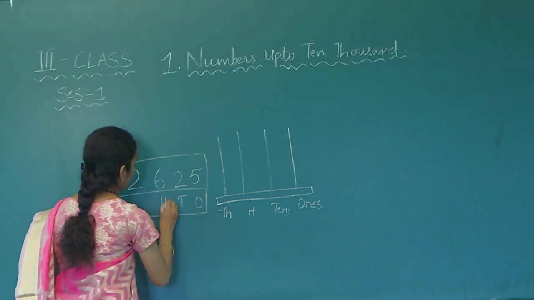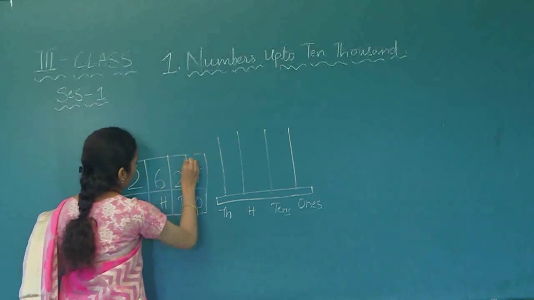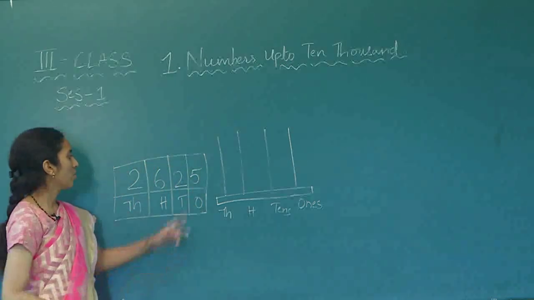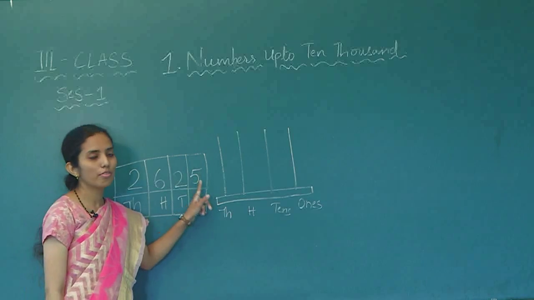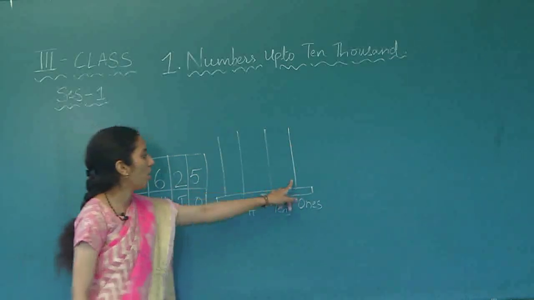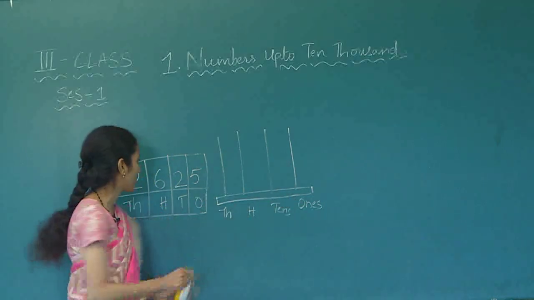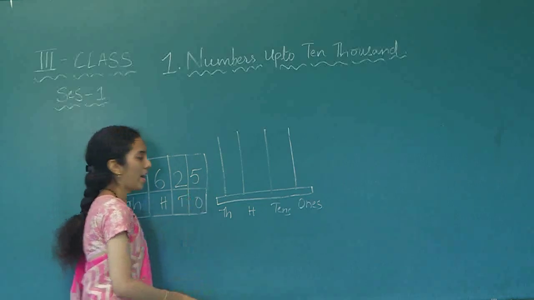Ones, tens, hundreds, thousands. So in ones place, what is the digit there? 5. So we have to represent one spike with 5 beads because the digit is 5 here.